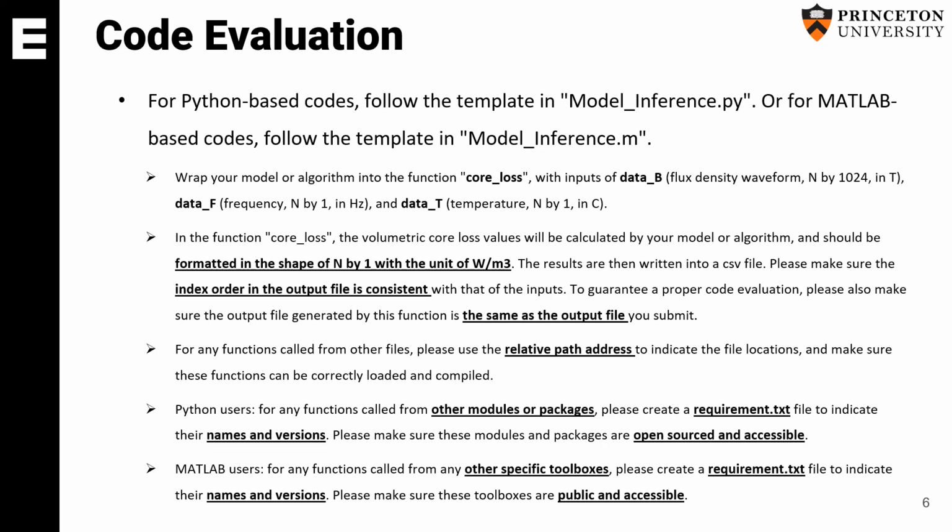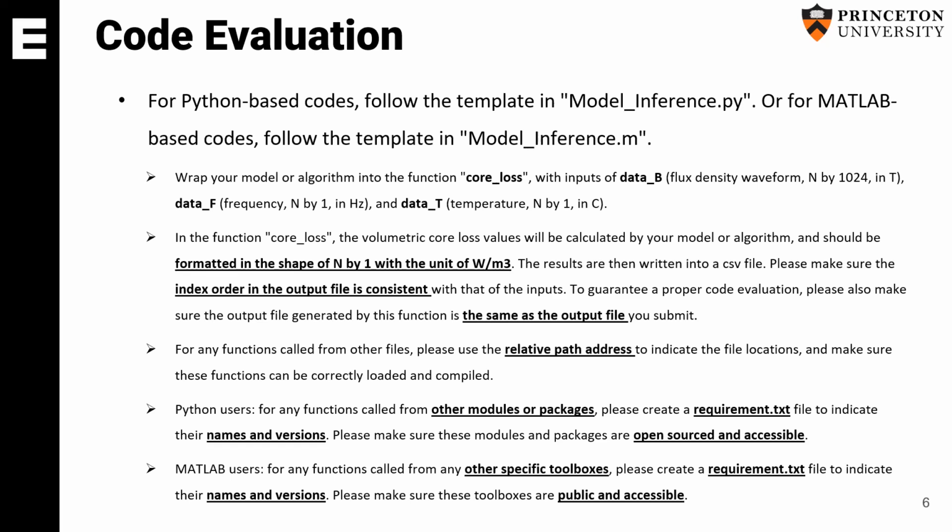And as we just mentioned, I want to emphasize again that please make sure the index in the output file is consistent with that of the input, so that the predicted result is really matched with the measurement results in terms of the order and the index, so that we can check for the accuracy.